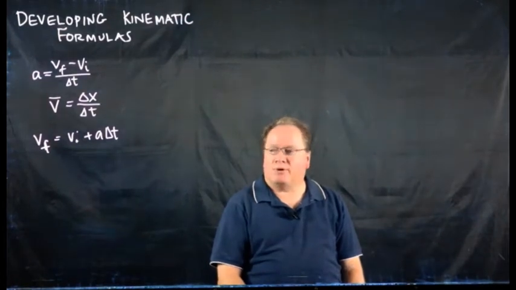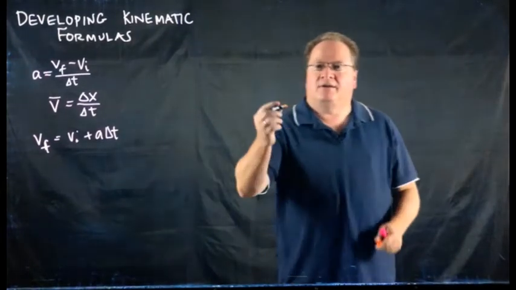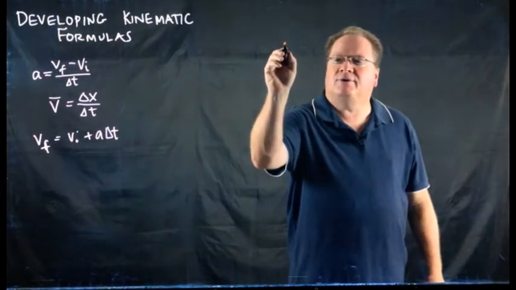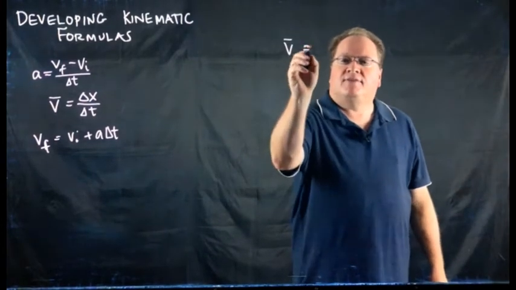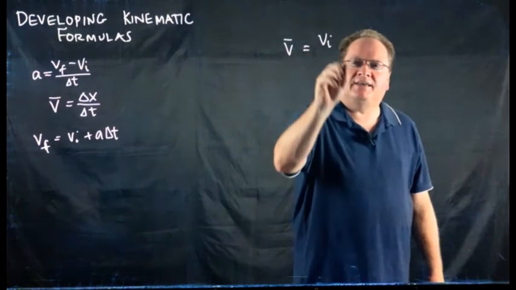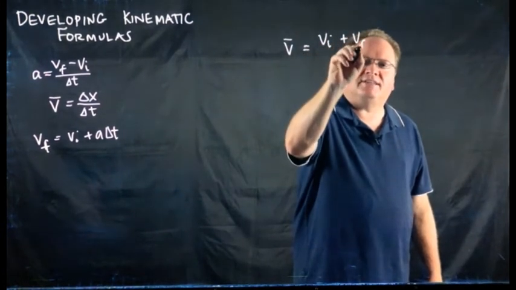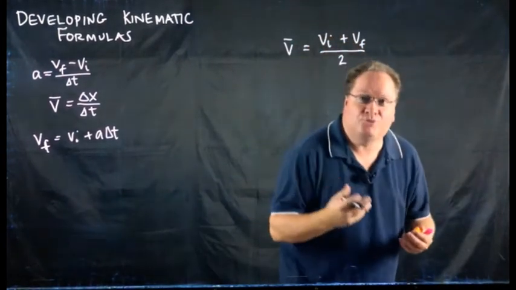That's exactly what we're going to do to get this new formula that we want to talk about. I'm going to say that if I want to know what the average velocity is, that I'm going to take the initial velocity plus the final velocity, and I'm just going to divide by 2, like I'd average any 2 numbers.